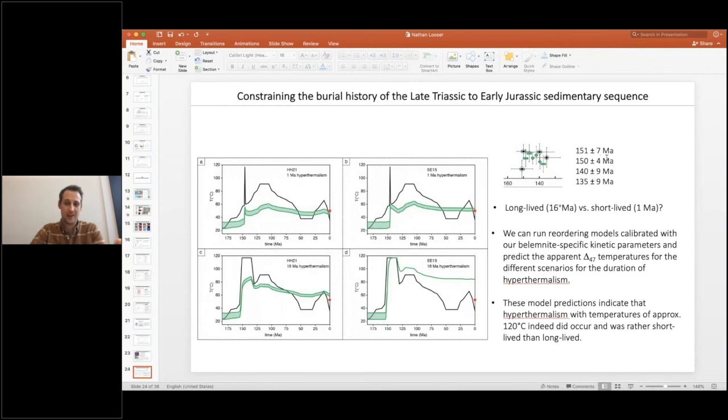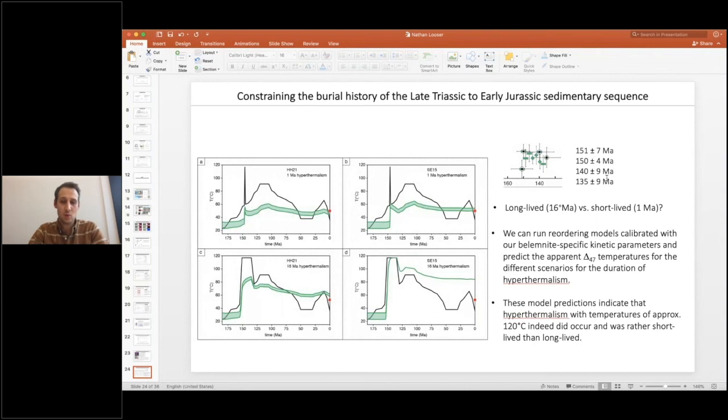That means they are actually all within error of each other. That means this would be a short-lived event, let's say 1 million years. The other way, it's possible that actually it was more long-lived. And the differences that we see here are actually not just analytical error, they're showing a true difference in age. Okay, so that question remained open.